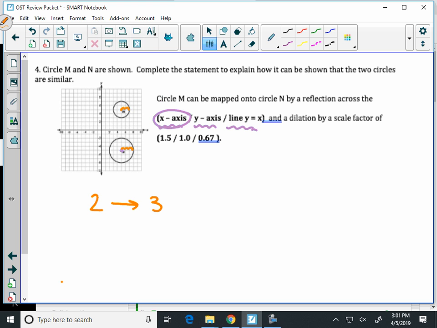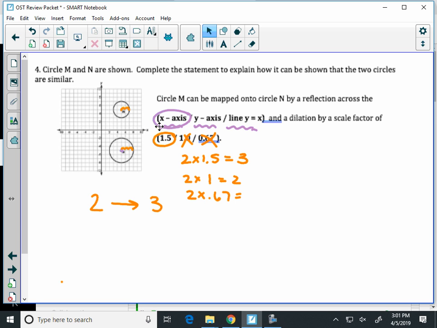So we look at our first one, 2 times 1.5, that gives me 3. That's my answer. 2 times 1 gives me 2, not my answer. And 2 times 0.67 does not give me 3, not my answer. Okay? So here you just kind of have to guess and check and figure out which one works.